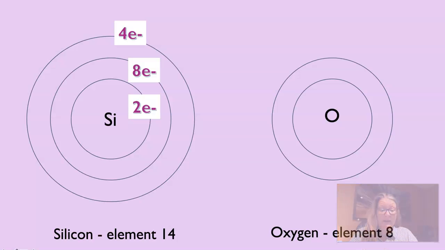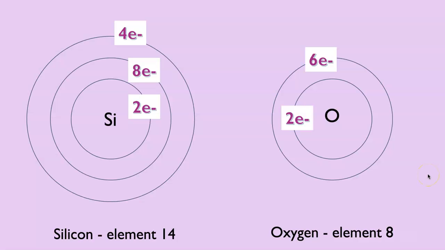Oxygen is element 8, and so it has 8 protons, 8 electrons. The first 2 electrons go in the inner shell, and then we have 6 electrons in the next shell. Again, 8 is stable. So what happens when these two elements combine is that silicon donates its 4 electrons to 4 oxygen atoms.